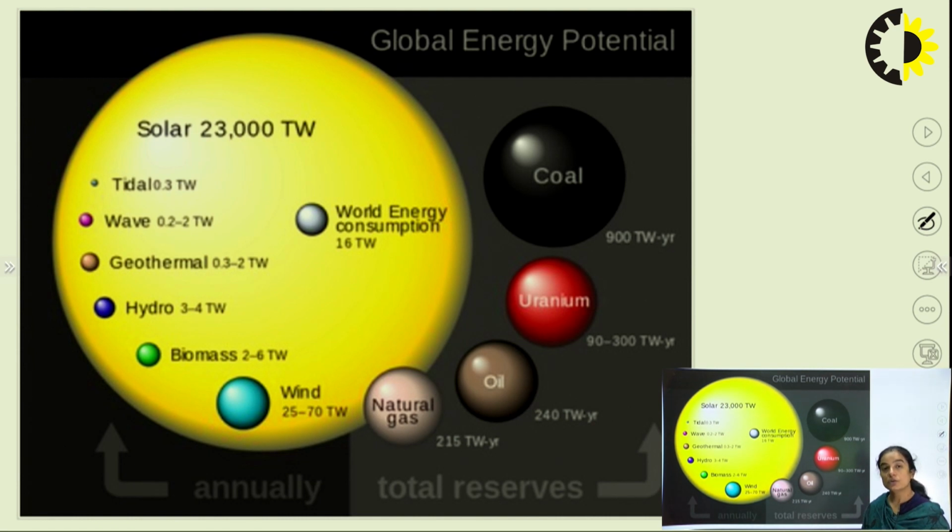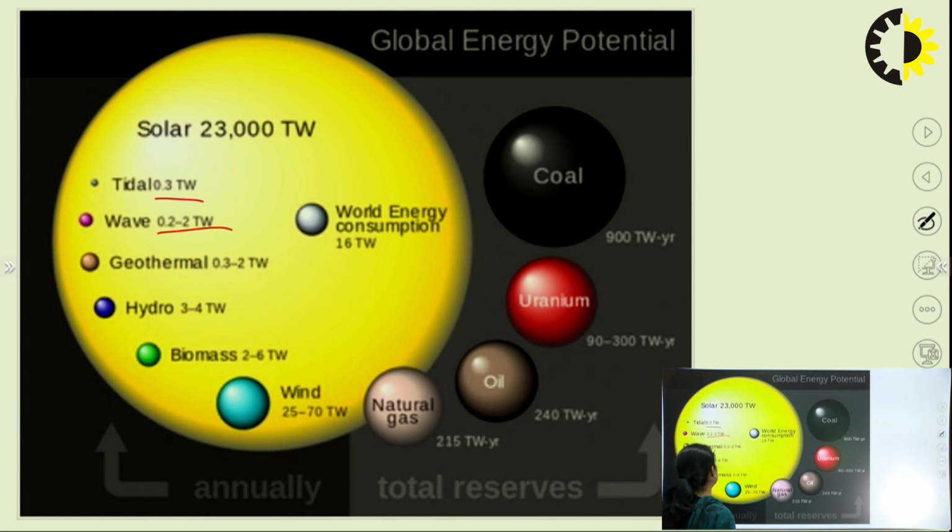This is the global energy potential of solar energy. A total of 23,000 terawatt of solar energy can be harnessed across the globe. But the potential of tidal energy is only 0.3 terawatt. For wave energy, it is only 0.2 to 2 terawatt.